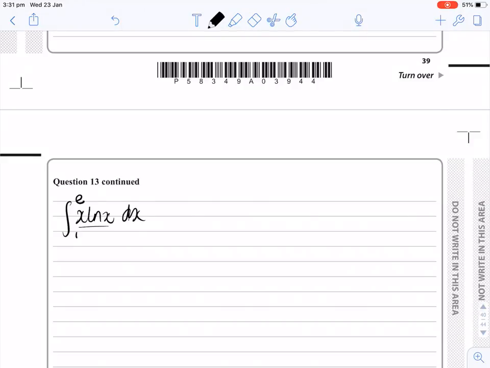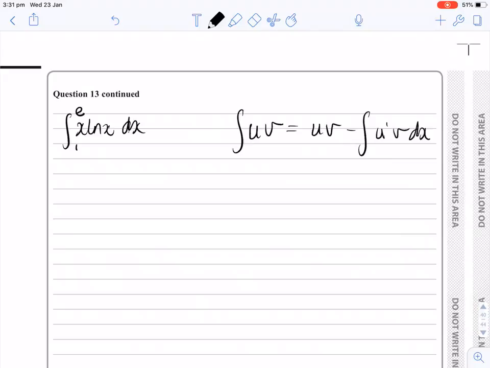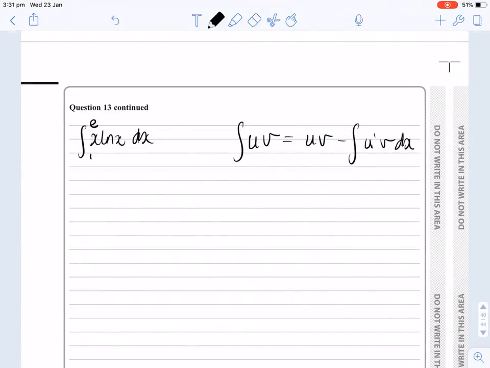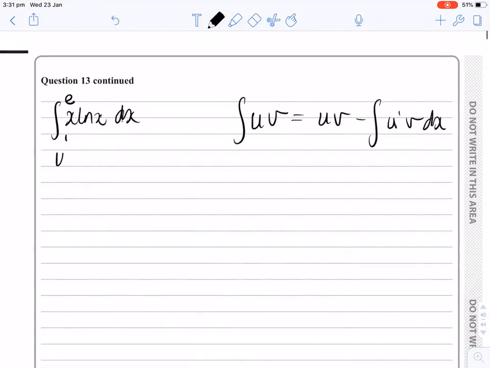Two things being multiplied together, so we have to use parts. Our formula for parts is the integral of u v dash is equal to uv, take away the integral of u dash v dx. Here, u is always our easier part, unless we've got a ln x, in which case that has to be u.